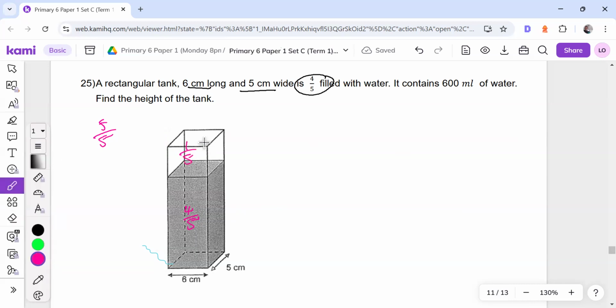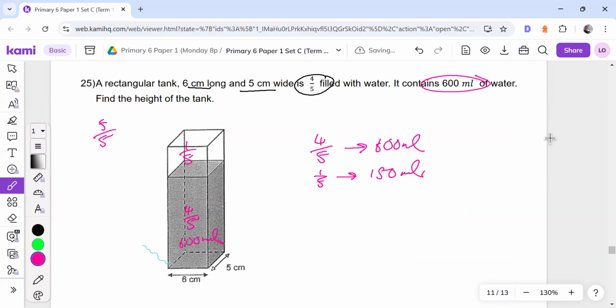Okay, and then it contains 600 ml of water. Can do already. So your 4/5 is 600. Then you find 1/5. 1/5 is 600 divided by 4, 150 ml. Then how do you find the height of the tank?